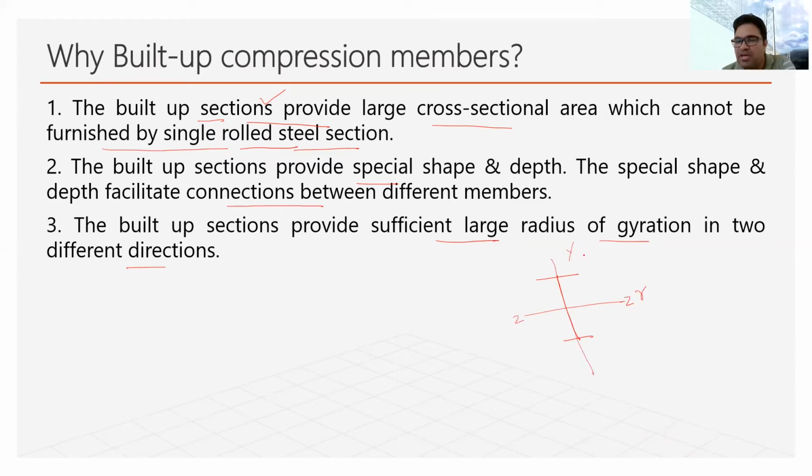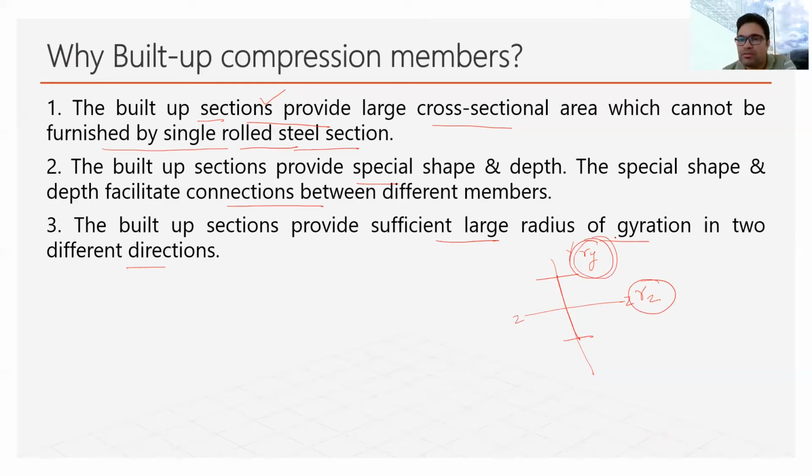So we have radius of gyration along the y-axis, say ry. We have radius of gyration along the z-axis, say rz. So we have seen that rz and ry are not the same, and generally in this case ry will be lesser than the rz value, which means the column will be weaker about the y-axis.